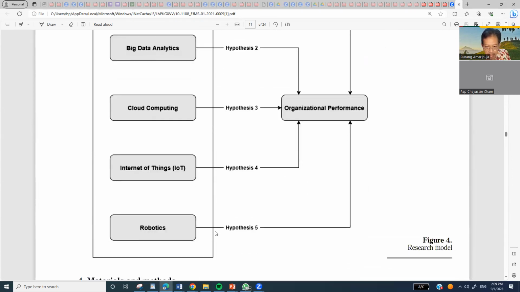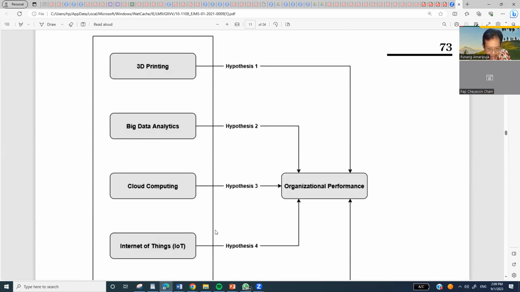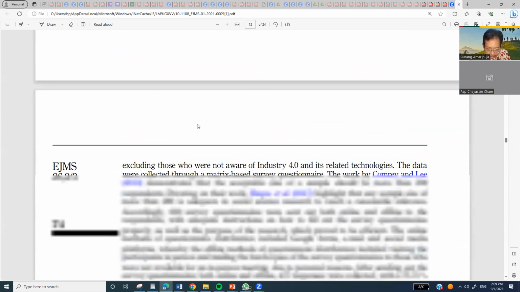But I don't think that would be doable because usually there would be several indicators representing each of these variables. Okay. How do you measure 3D printing? How do you measure big data analytics? So yeah, it's kind of tricky.